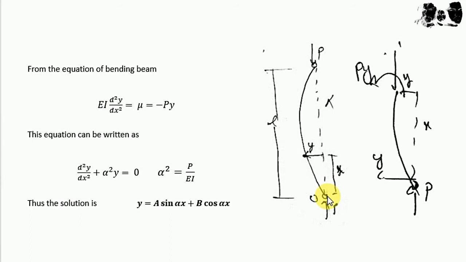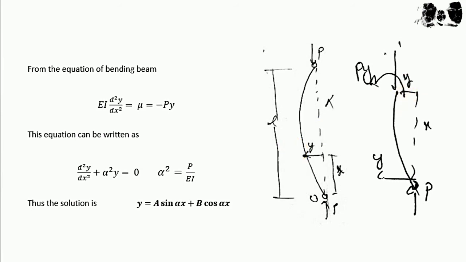And if x is equal to L, then the value of y is also 0. Then in both conditions we have two boundary conditions, and after applying them, we can arrive at a particular result, and that result will give us the particular relation that we are going to use to find the buckling or crippling load.